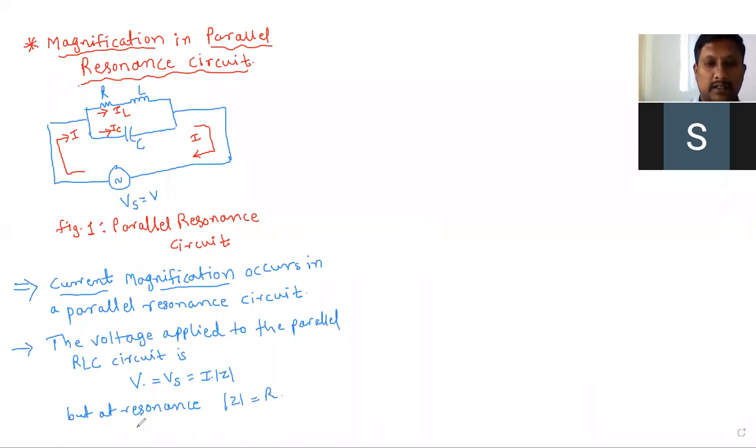That is why V becomes I into R. We can consider that as equation number 1.